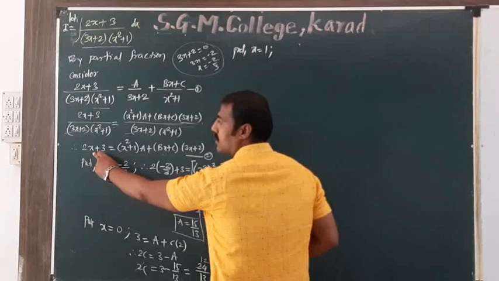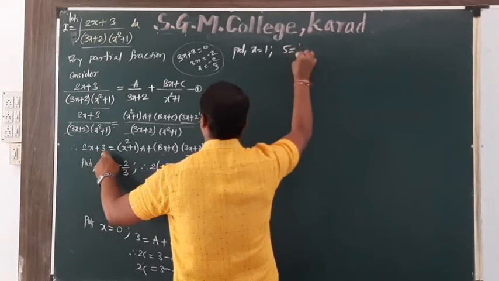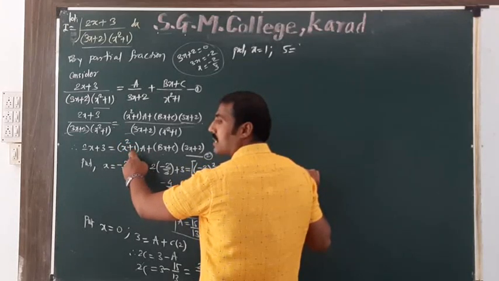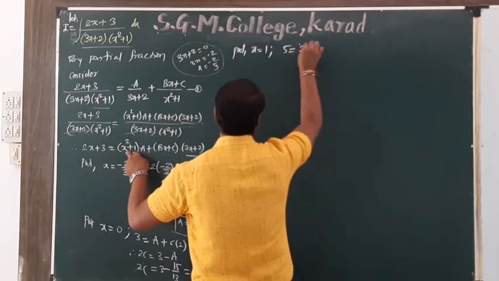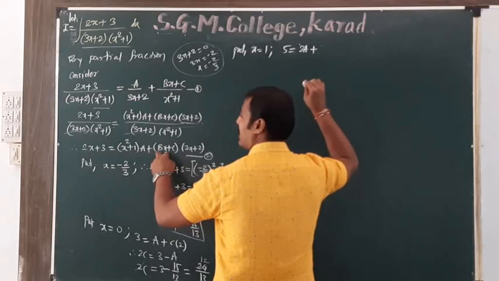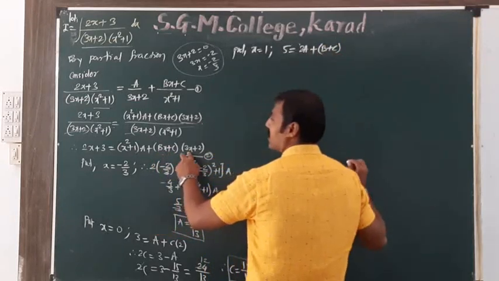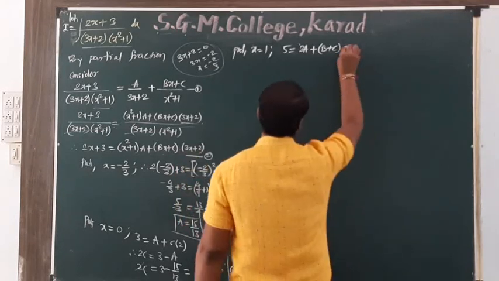Here 2 into 1 is 2, 2 plus 3 is clearly equal to 5, is equal to 1 square is 1 plus 1, 2a plus b into 1 is b, plus c as it is, into 3 into 1, 3, 3 plus 2 is 5.